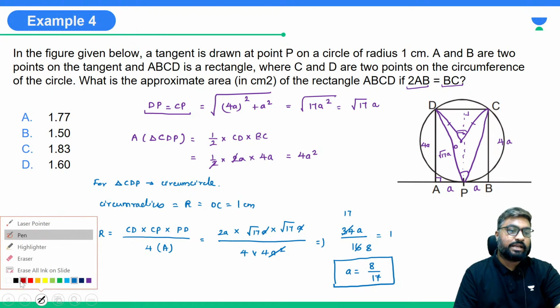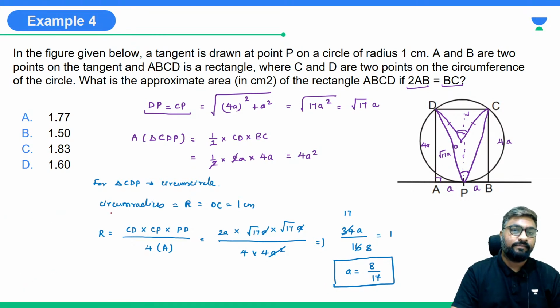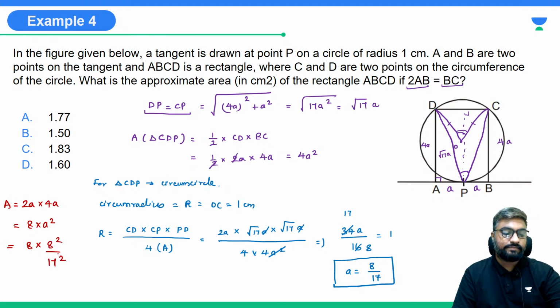इससे अपन area of the rectangle ढूंढ सकते हैं अभी. So area of the rectangle is going to be what? CD into BC, which is 2a into 4a. That's nothing but 8 times a square. Yeah. So this will be 8 into 8 square by 17 square. Feeling this, guys?